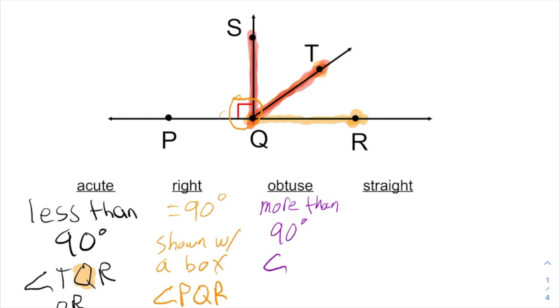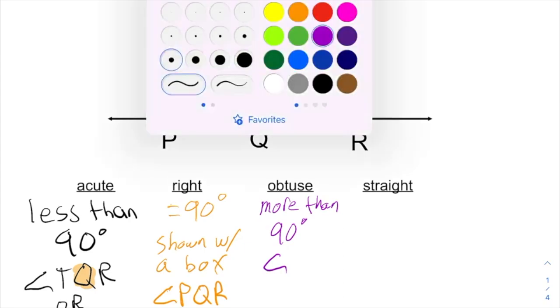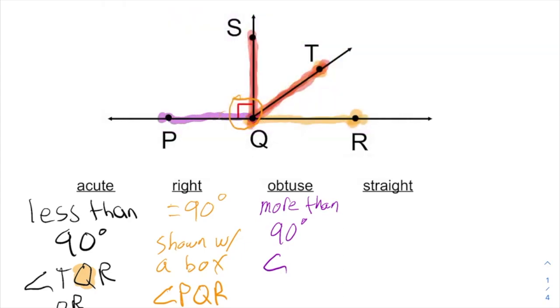One angle I see that would be larger than 90 degrees could be PQT or TQP. So angle PQT is greater than 90 degrees, or angle TQP.